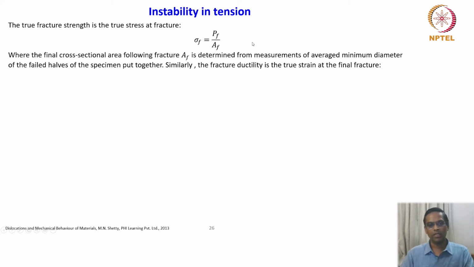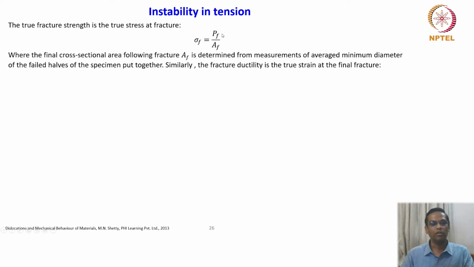So beyond the yielding point, beyond the maximum load, we just mentioned in the previous lectures that all these relationships are not going to be effective. So after the maximum load, what all we can derive, and combining these two strains, that is the intention of this slide. Okay. So we are talking about the true fracture strength. That means the true stress at fracture.